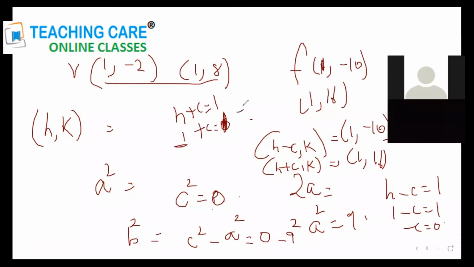When I take this to the right hand side, this is 1 minus 1. No, c is 0 only. Might be because of my own points. Okay, fine, so this is the way we have to make it out. Then b squared will be c squared minus a squared. From that you will frame the equation. Yes, let's move on to the next one.